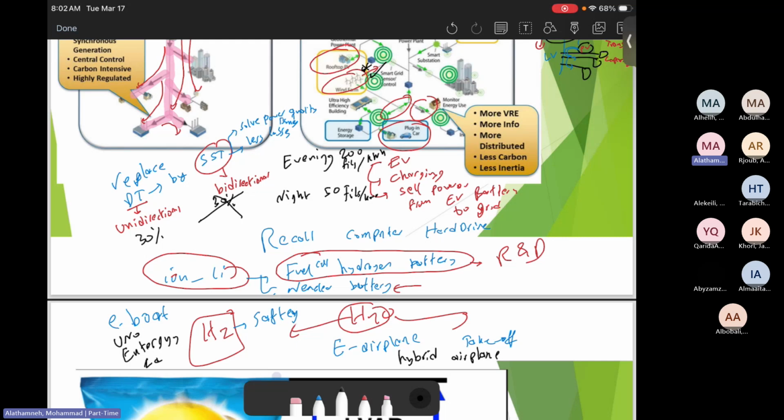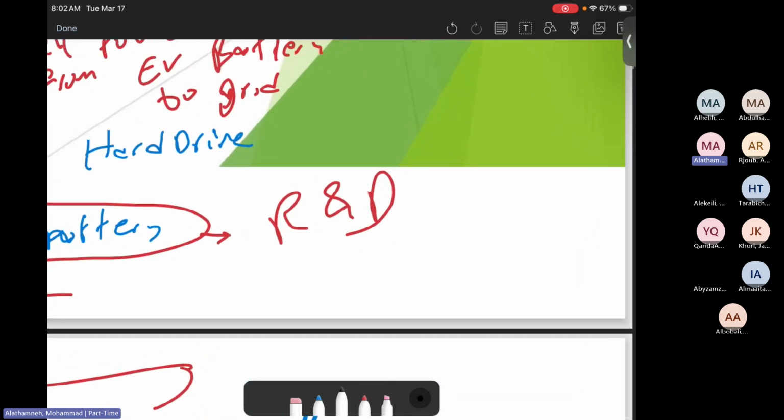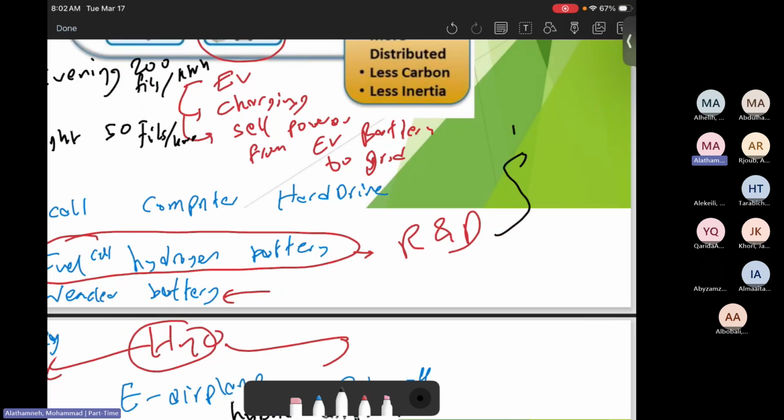Why is it not 100%? It's a very long topic, but I would say there is something we call inertia. Inertia is needed for the power system. If your system is based on batteries and renewable energy without a traditional generator, there will be zero inertia. What does zero inertia mean?